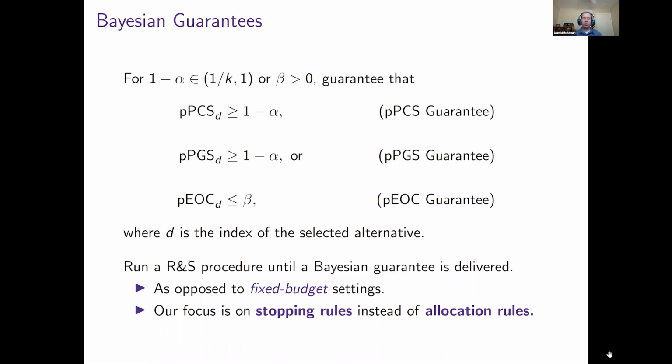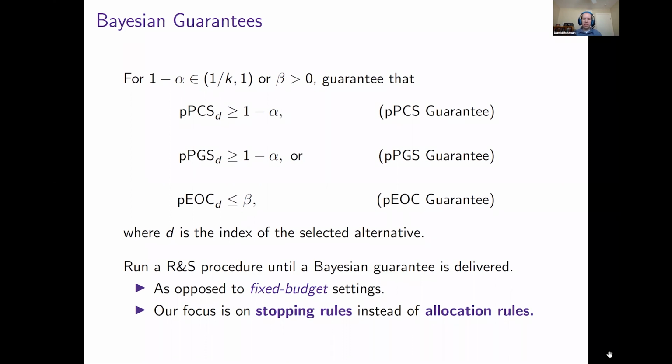And the first two of these are going to say, simulate until the data tells you that your posterior probability that a given alternative little d, the one I'm going to consider selecting at the end, is at least, I'm at least 95% sure that it's going to be the optimal solution, or a posterior probability above 0.95 that it's going to be a delta optimal solution.